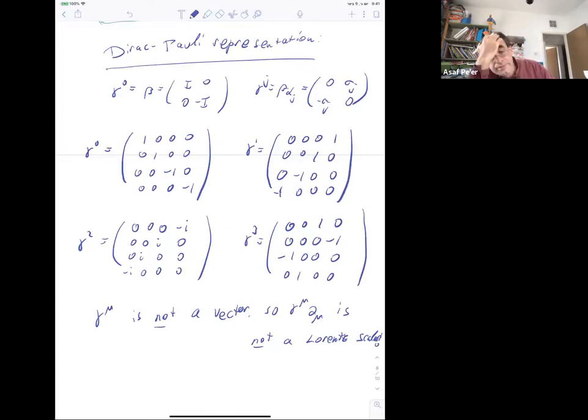Rather, remember, we spoke about covariance. These are simply four matrices of numbers, and these numbers are not affected by any Lorentz transformation. So the matrices stay the same under any Lorentz transformation, in any frame that you choose.